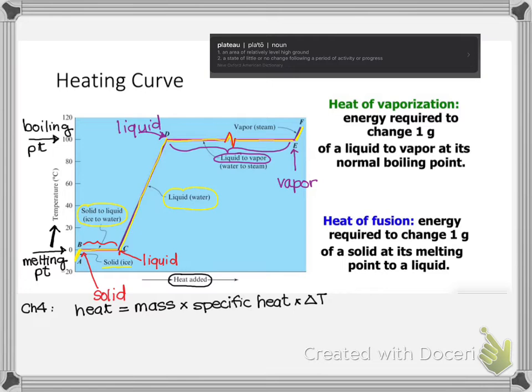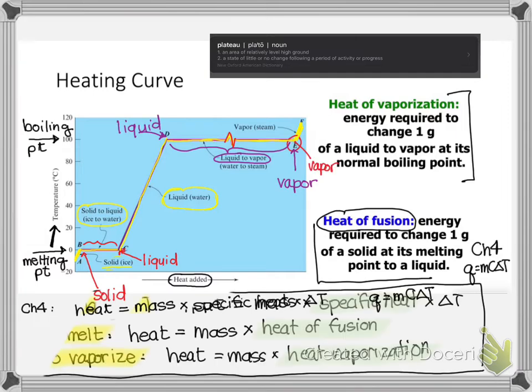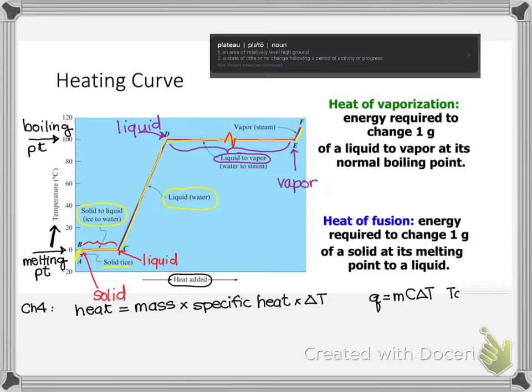So that's T2 minus T1. The way it was written was in abbreviations. I just wrote it out in words. So this one tells us what we need to change temperature.